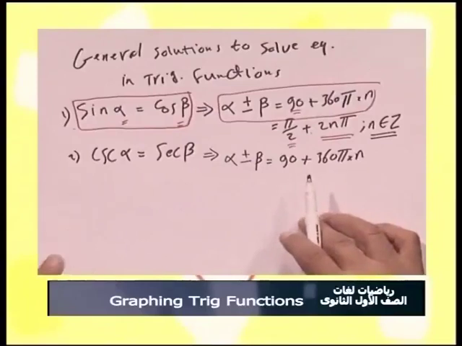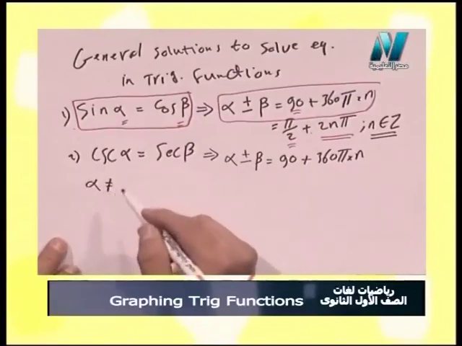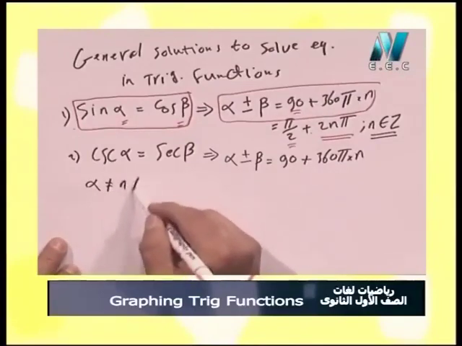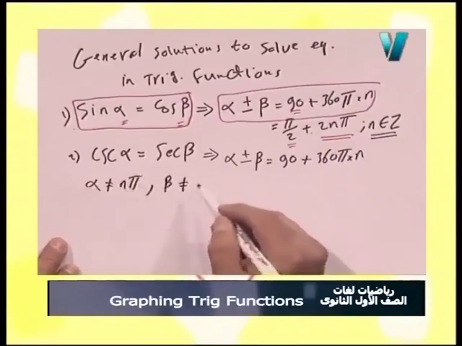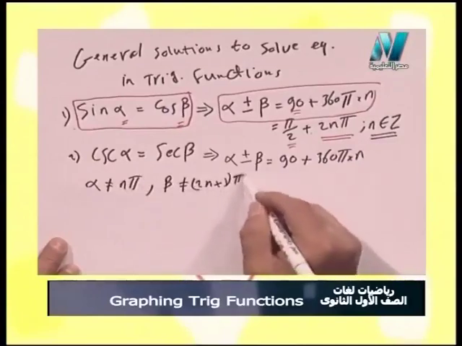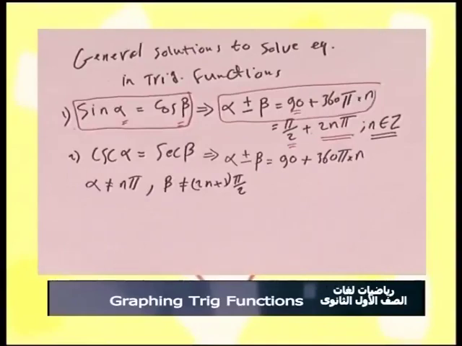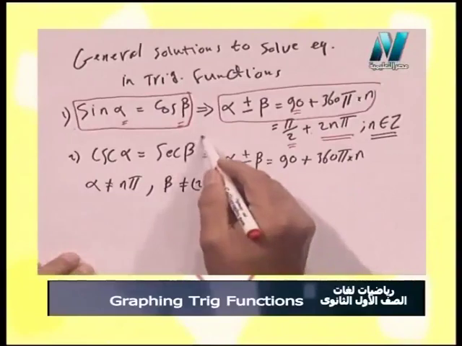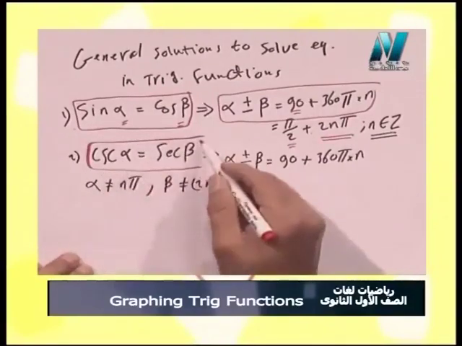But we have exceptions here. The exceptions: alpha doesn't equal n pi, and beta doesn't equal (2n plus 1) pi over 2. Why these exceptions? We have cosec alpha equal sec beta.